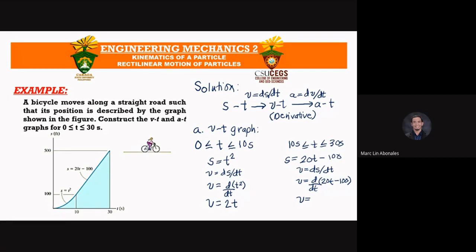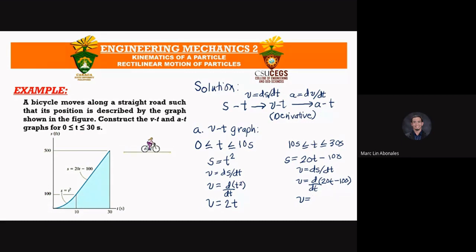What does 20 mean? It is constant. So when we construct the AT, what is the value of the acceleration if the velocity is constant? Constant? What is the value of acceleration if the velocity is constant? 9.81? 0, sir. That would be 0.